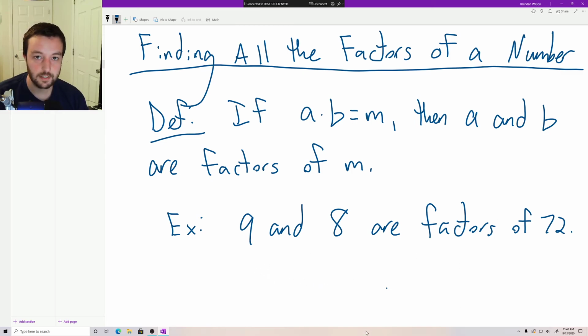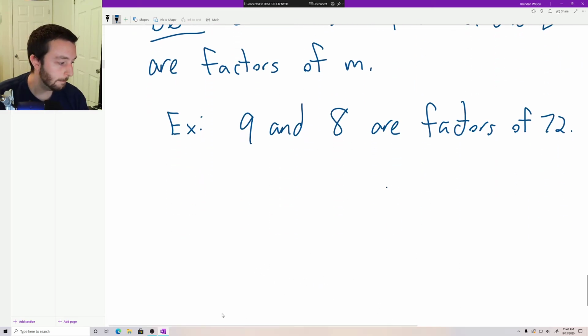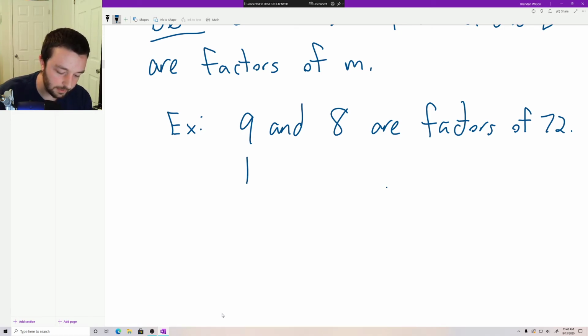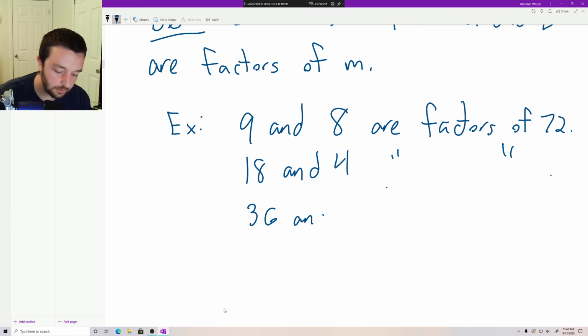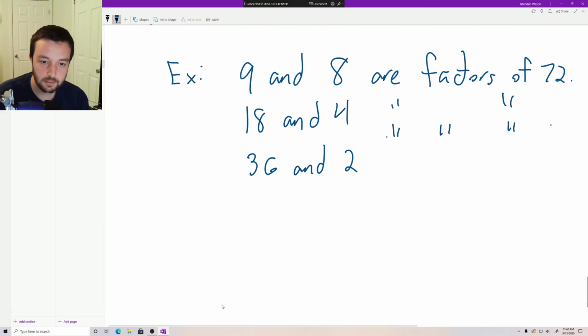And there's more factors than that too. 18 and 4 are also factors of 72. 36 and 2 are factors of 72 because all of these make 72. 3 times, what is it, 24, I think?